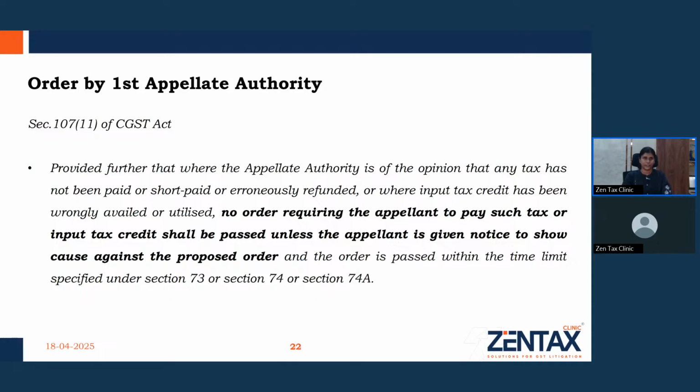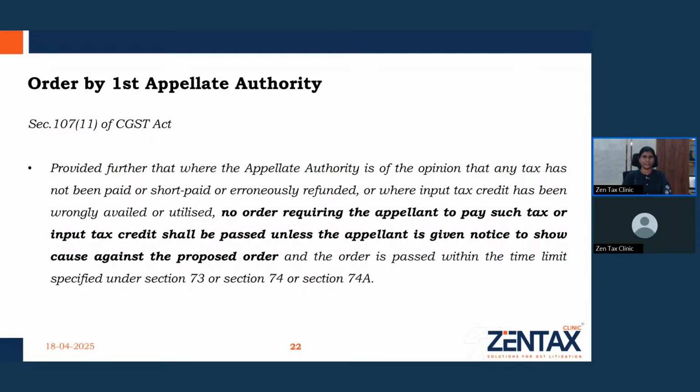Provided further that where the appellate authority is of the opinion that any tax has not been paid or short paid or erroneously refunded, or where ITC has been wrongfully availed or utilized, no order requiring the appellant to pay such tax or ITC shall be passed unless the appellant is given notice to show cause against the proposed order, and the order is passed within the time limit specified under section 73 or 74 or 74A.